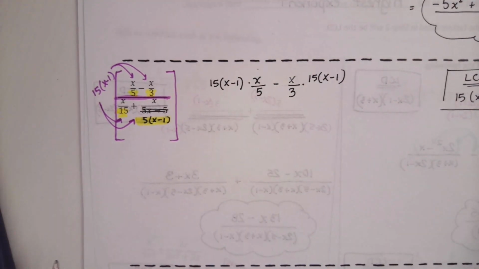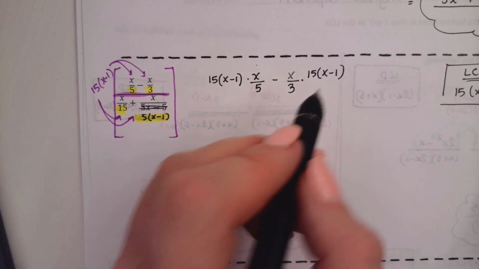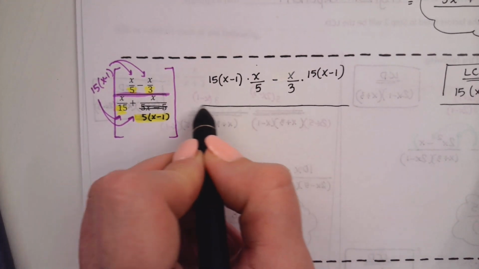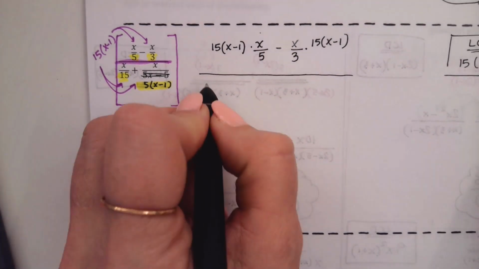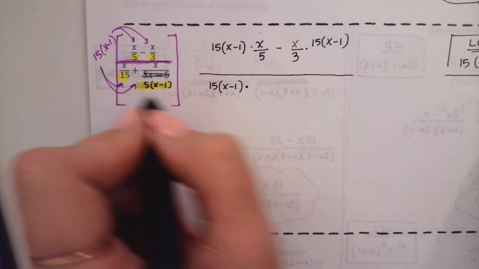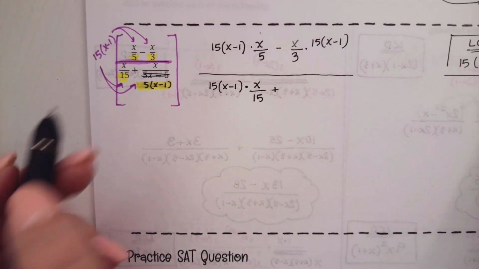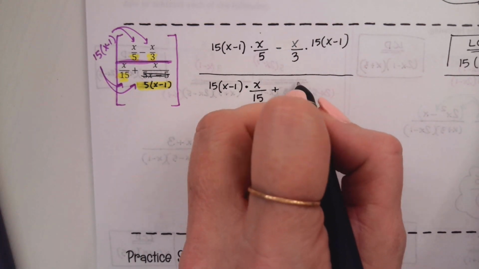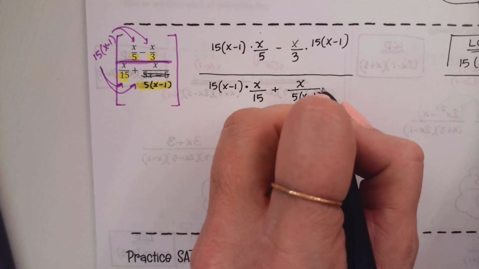So there we distribute it to everything on the top. Then giant fraction bar. And then we're going to distribute it to everything on the bottom. So we'll have 15 times x minus 1 times x over 15, plus, same thing, LCD times x over 5 times x minus 1.